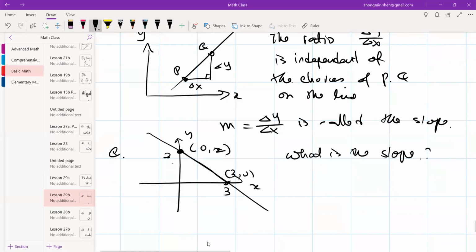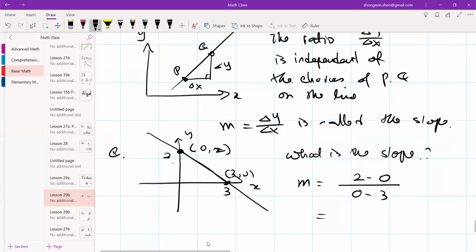So the difference in the y variable is 2 minus 0. Okay, wait a minute. It's going to be 0 and 3, 0, yeah. So then it'll be 0 minus 3, not 3 minus 0.